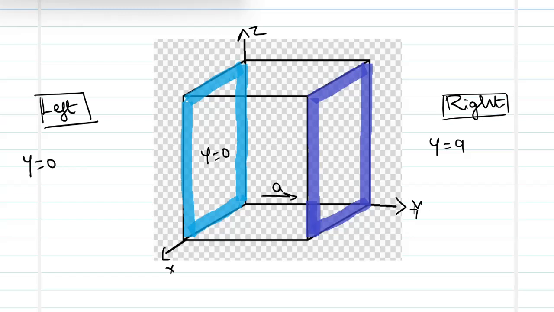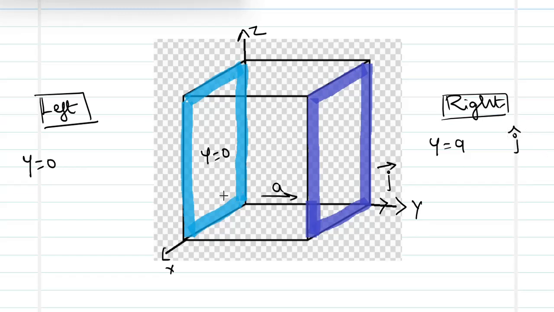Now, how about the unit vector in the direction of y? In the direction of y, the unit vector is going to be j cap. So for the plane y equal to a, the unit outward drawn normal will be equal to j cap.